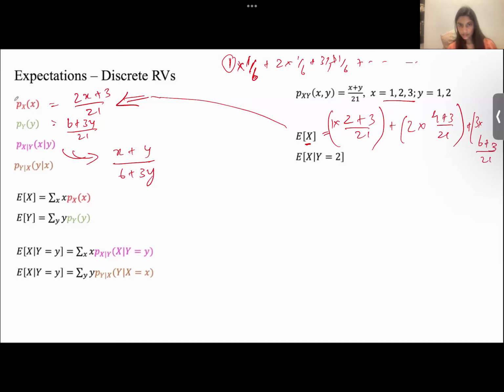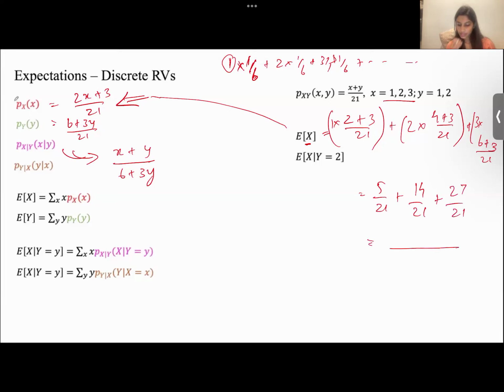Solving this, you have 2 plus 3, 5 by 21, plus 4 plus 3, 7, 7 into 2, 14 by 21, plus 6 plus 3, 9, 9 3s are 27 by 21.